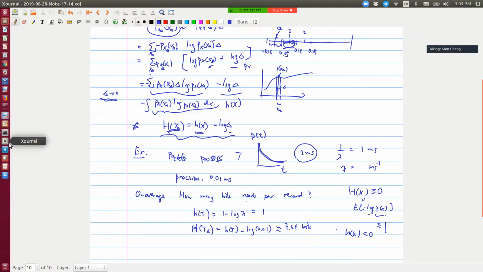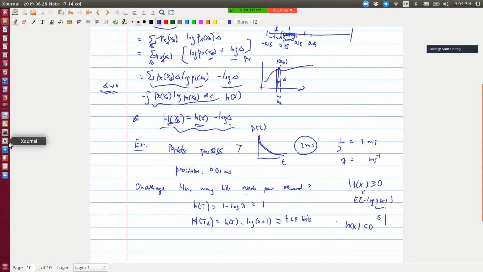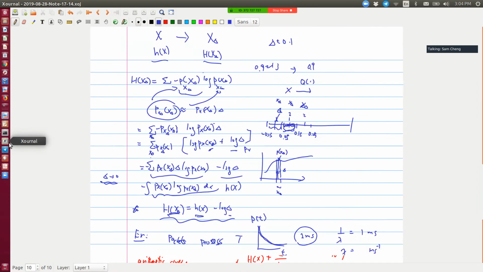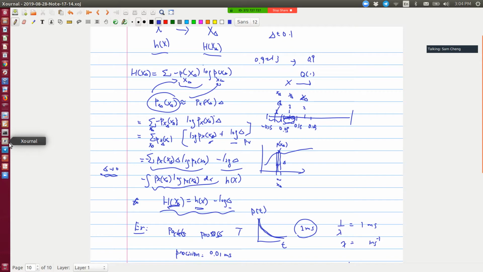So let's see where we were last time. We went through some of these definitions and some proofs of the entropy. We showed why entropy is defined that way, and then we also looked into the differential entropy.